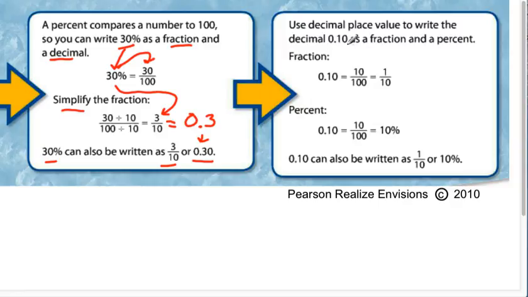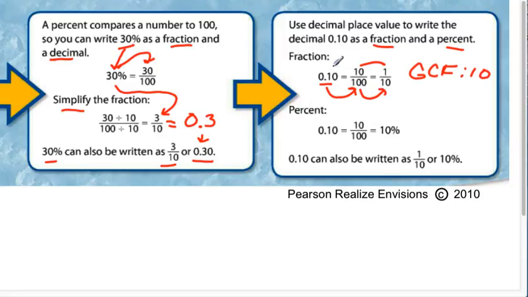Then they talk about taking 10 hundredths and writing it as a fraction and as a percent. So you take your decimal and you simply write it as a fraction. It's 10 hundredths, so that's what we have, and then you simplify it using the greatest common factor of 10. So we're going to divide both terms by 10. 10 divided by 10 is 1, and 100 divided by 10 is 10.